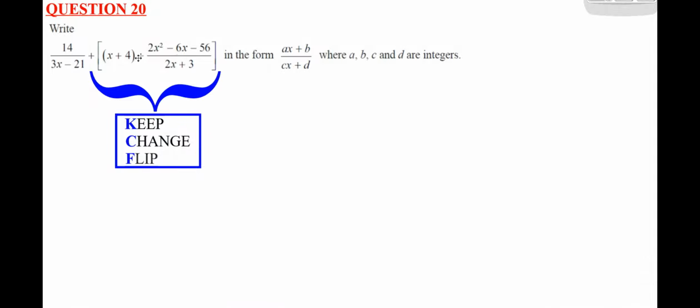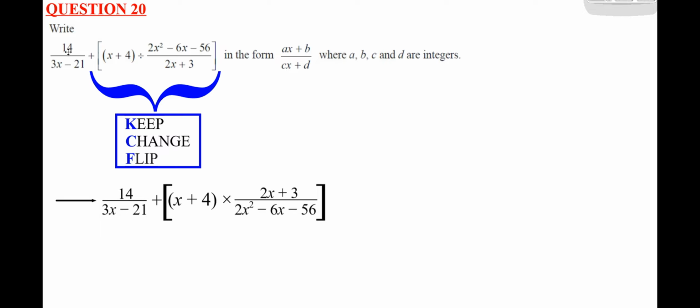We keep the first bit, we change the division to a multiplication sign, and we flip the fraction we're dividing by upside down. So we can transform the question: keep this bit as it is because that's outside of what we're talking about, but this bit here, keep, change to a multiply, and flip the original fraction on its head, like so. It still looks a bit awkward, but at least now we can actually carry on and do something with it.